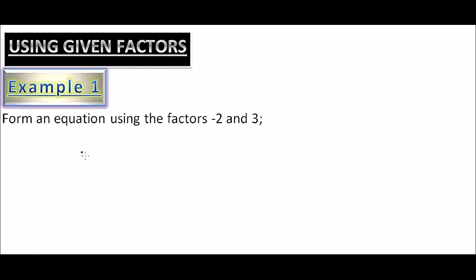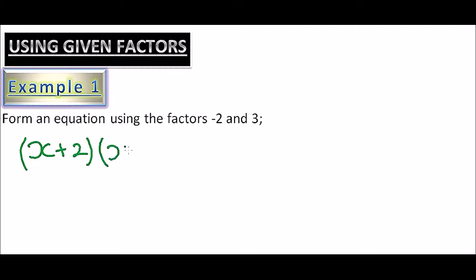So we form a quadratic equation when we are given factors. For example, form an equation using the factors minus 2 and 3. When you solve a quadratic equation, you get factors, so forming a quadratic equation is like going in reverse. Here we say x plus 2, so that when we equate it to 0, we get x equals minus 2.